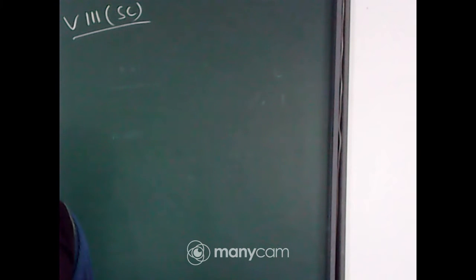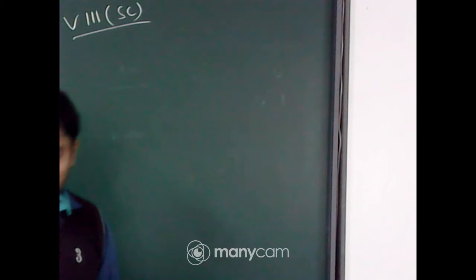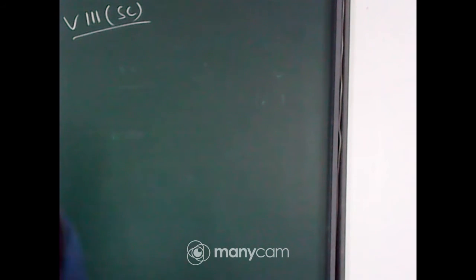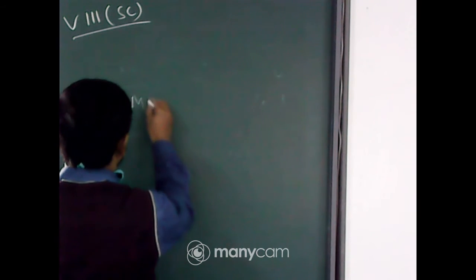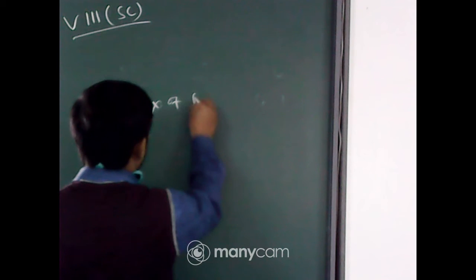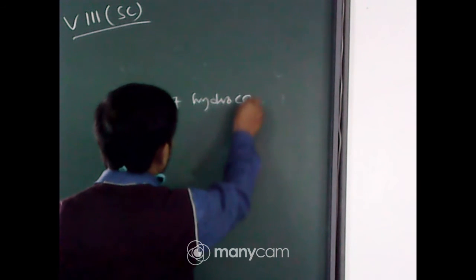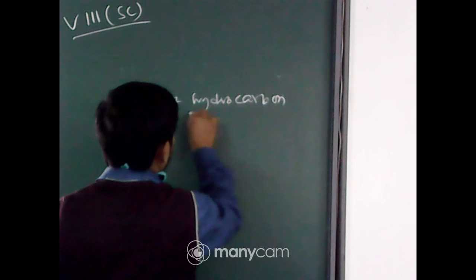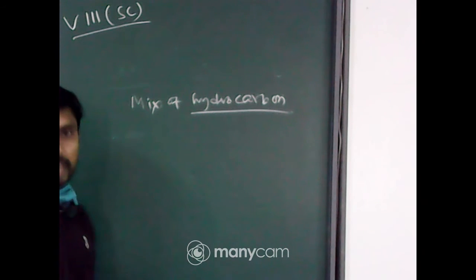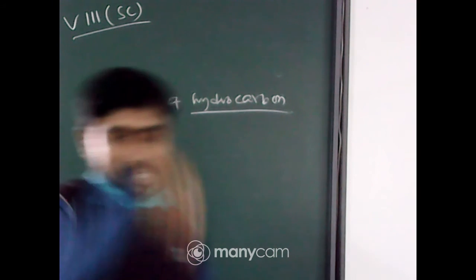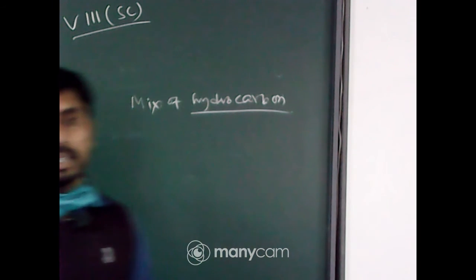Now, coming to the various constituents of petroleum and their uses, which is given in a chart form. Now, see that petroleum gas is a mixture of hydrocarbons. It has two different ranges, the lower mass and the higher mass.